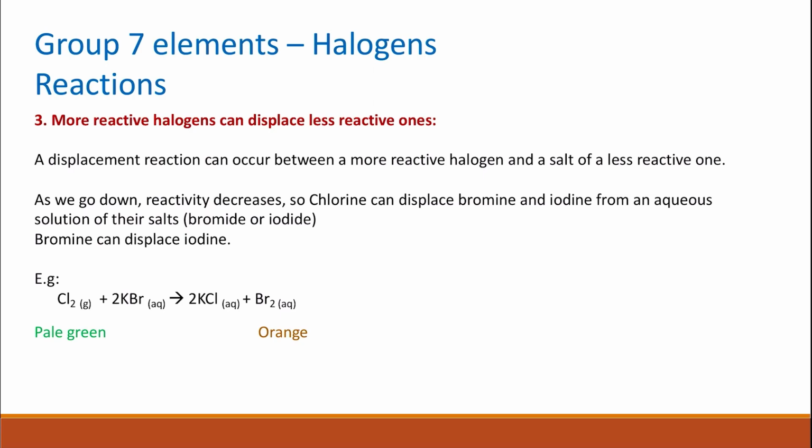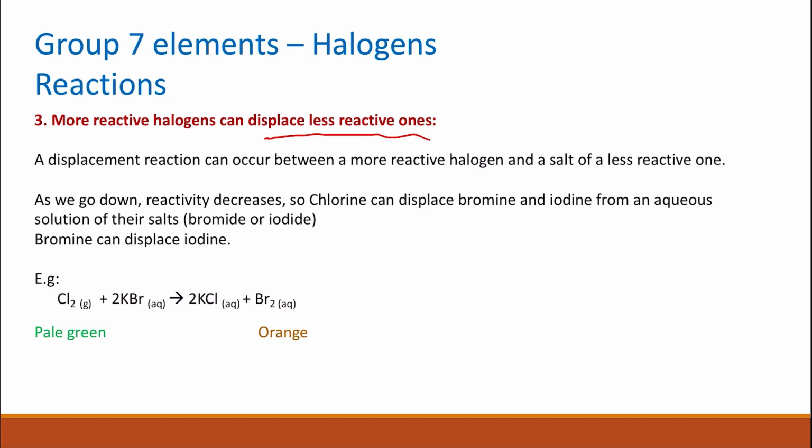There's another type of reaction for halogens where the more reactive halogens can displace the less reactive ones. The reactivity of the group will decrease going down the group. That means that the halogens which are at the top can displace the ones below them from their salts. An example is that we have chlorine, which is above bromine and iodine.